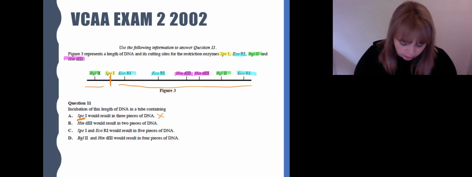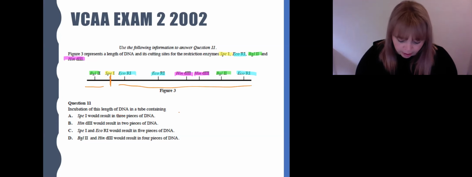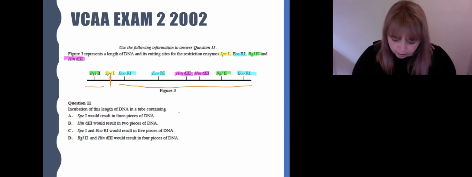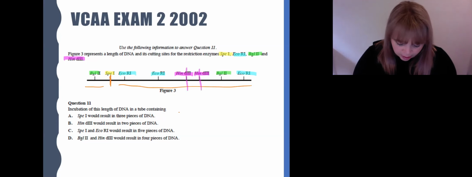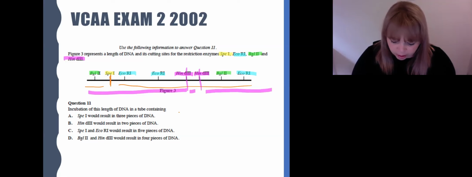So no, that's wrong because it should be 2 pieces of DNA. The next one down, HIND3 would result in 5 pieces of DNA. So let's just cut down. HIND3 cuts here. We get 1 length, 2 lengths, 3 lengths. So HIND3 is not going to result in 2 pieces of DNA.